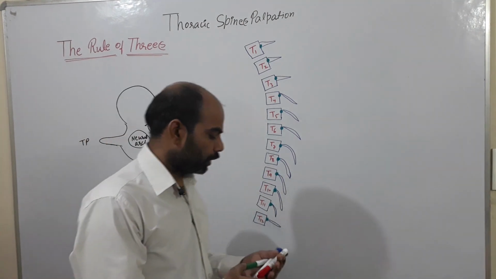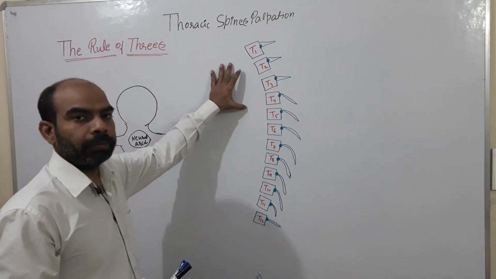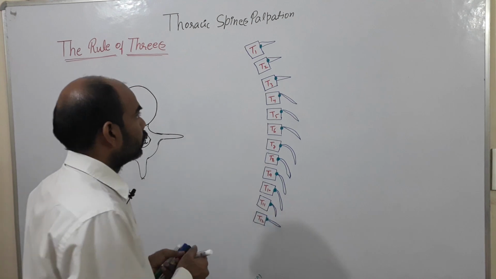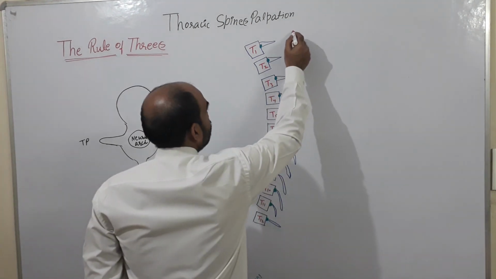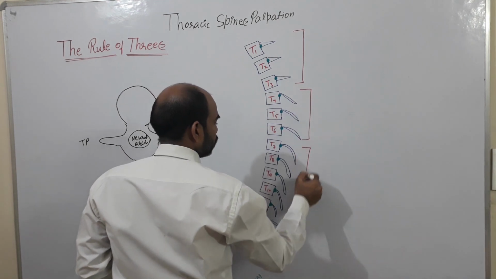Rule of 3 means divide the thoracic vertebrae in combinations of 3. Means this 1, 2, 3, then next 3, then next 3.